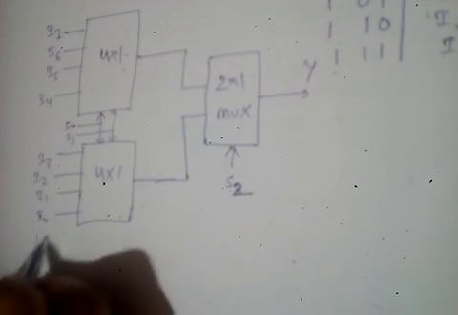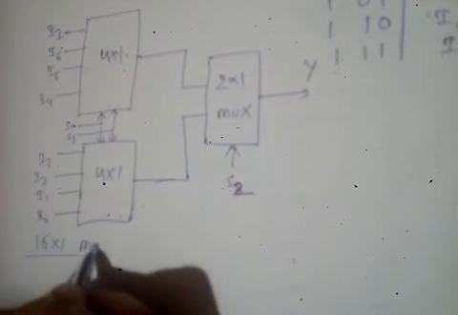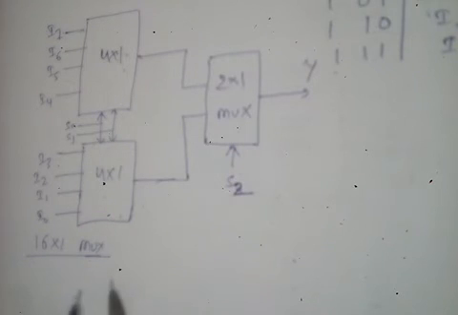Next one is 16 by 1 mux. We are going to implement 16 by 1 mux using lower order mux. To implement 16 by 1 mux, we will use 8 by 1 mux and 2 by 1 mux.